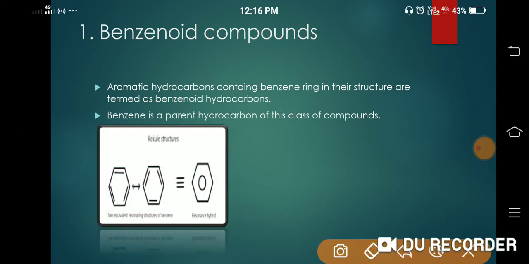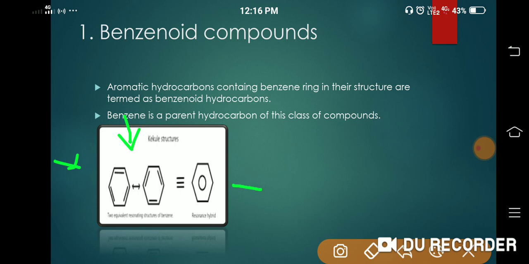We can study deeply by benzene ring. Here are two structures of benzene representing Kekule structures, which are the resonating forms where the position of pi bond is different in both of them.